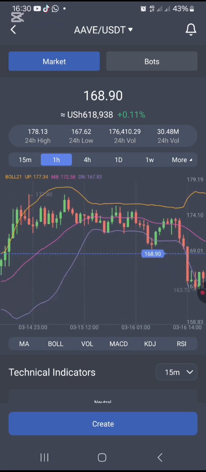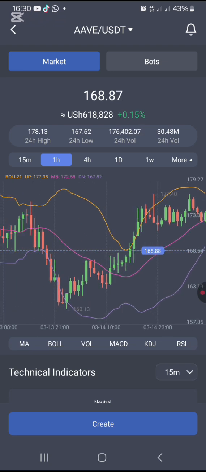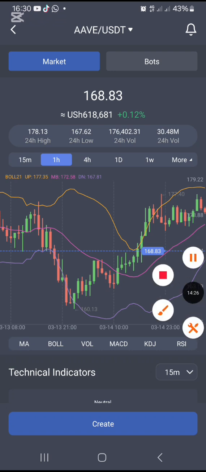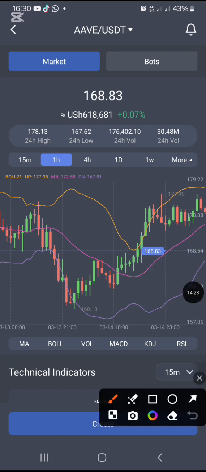Remember, I told you we don't use one indicator to enter a trade. I'll need another indicator that will show me confirmation. Just to make a point here, I don't want to make this video so long, but when the price approaches the lower band, one, look for a free bar.